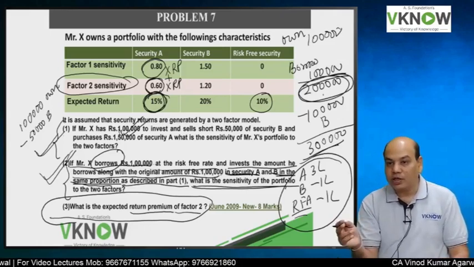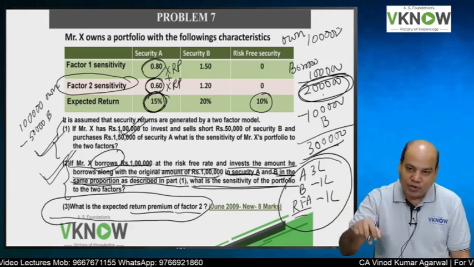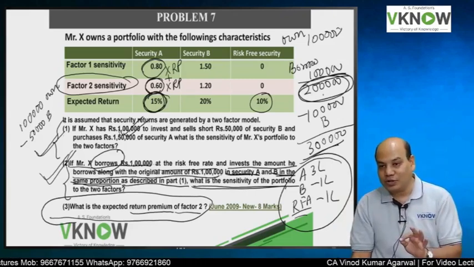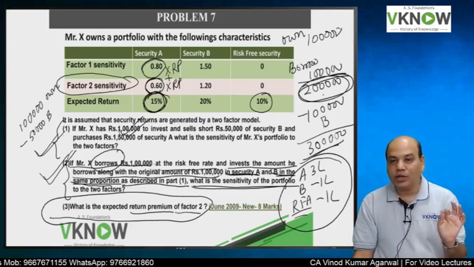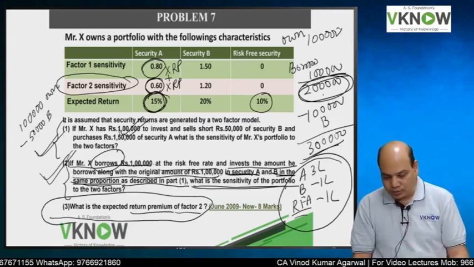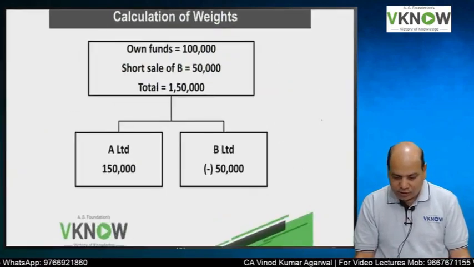So we'll have to solve an equation because risk premium is missing for factor 1 as well as factor 2. So by solving a simultaneous equation, you will be able to find out the risk premium for factor 1 and factor 2. Very important question. It was asked in the exam.